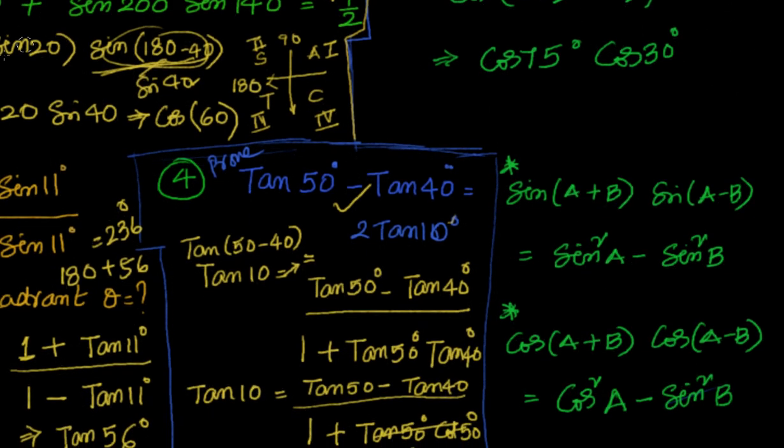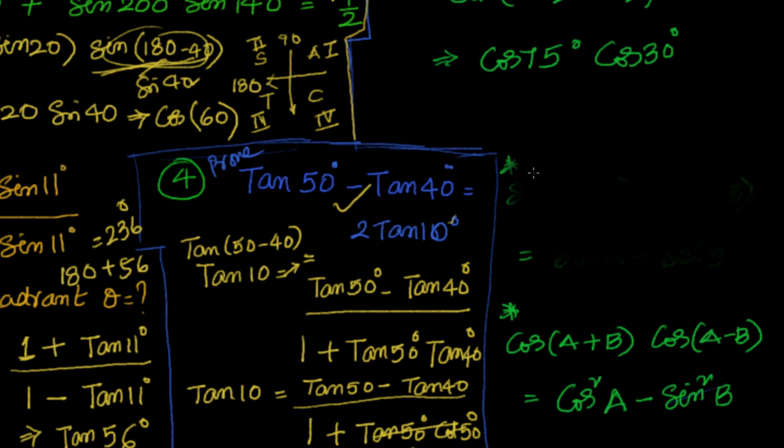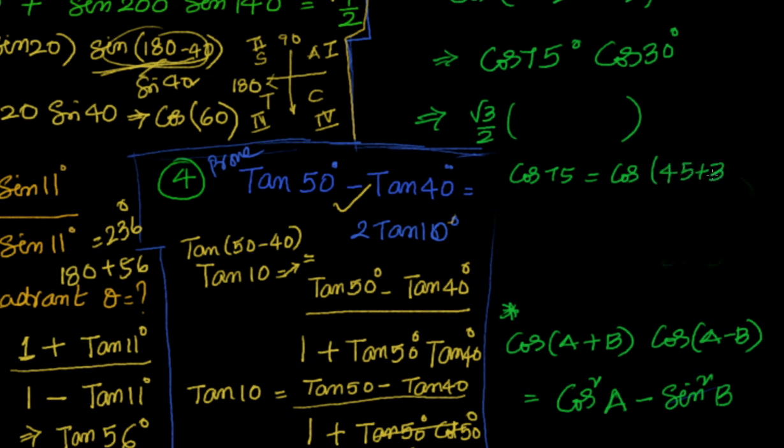For that I'll clear this part so that I can explain. What is cos 75? Cos 75 equals cos of 45 plus 30. What is the formula for cos A plus B?